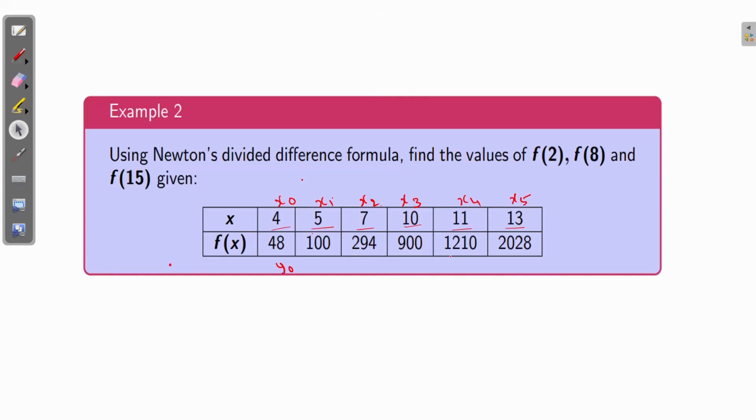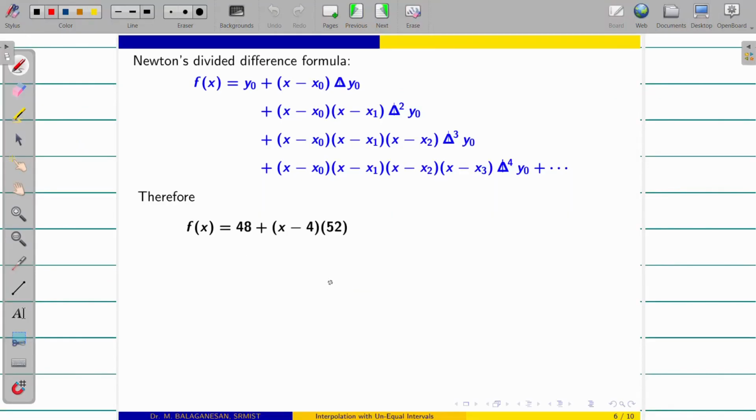So y1, y2 we are not going to take here. Up to this one is enough. Now substitute the values: plus the next term x minus x naught into x minus x1 into del square y naught. First start with a single difference into del y naught. Next, two differences for the second order divided difference. That is the clue to understand the formula.